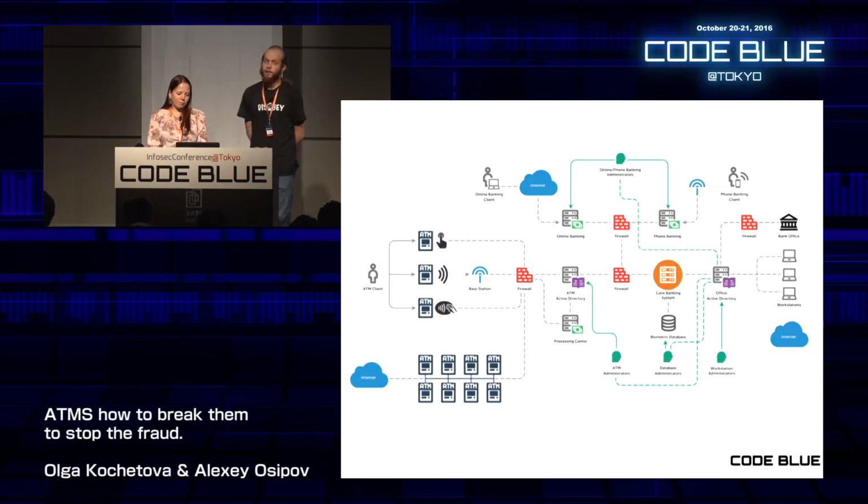Because when different banks came to us and said, we want to analyze our ATM machines for different security problems, different security measures, they said, we want to know whether our ATM machines can be affected by malware or by black box attacks. We said, okay, we can check for all the current state of the art technologies or future attacks. But we also said that there is a big infrastructure that is connected to the ATM machines.